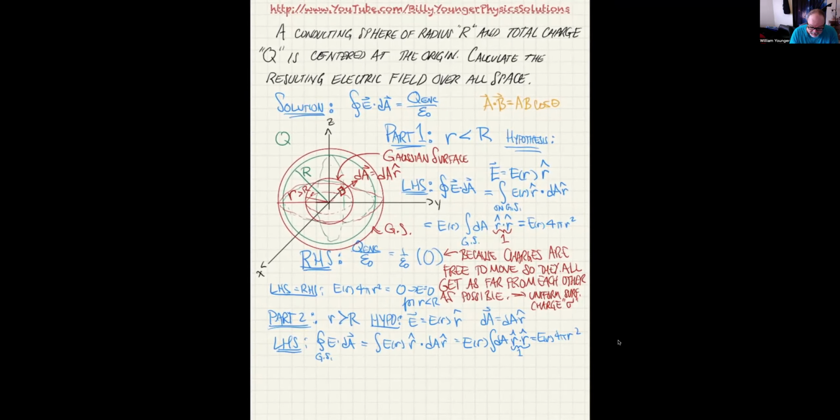Our right-hand side is a little more complicated, but really is pretty simple. The right-hand side is just equal to the charge enclosed, and that means inside the closed surface, over epsilon naught.